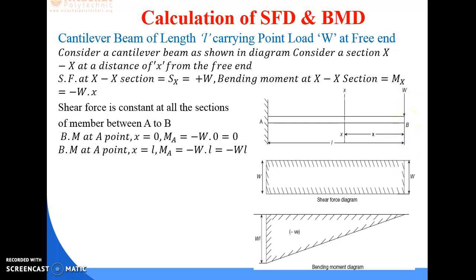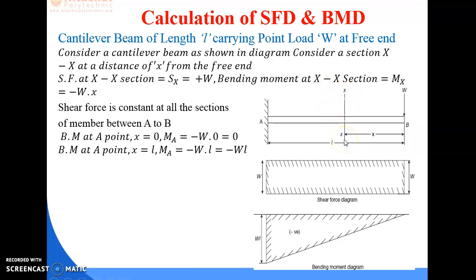Now, before calculation of shear force and bending moment diagram, let's consider a section XX, which is at a distance of x from the point B. Now, what is the shear force at XX? That is Sx.